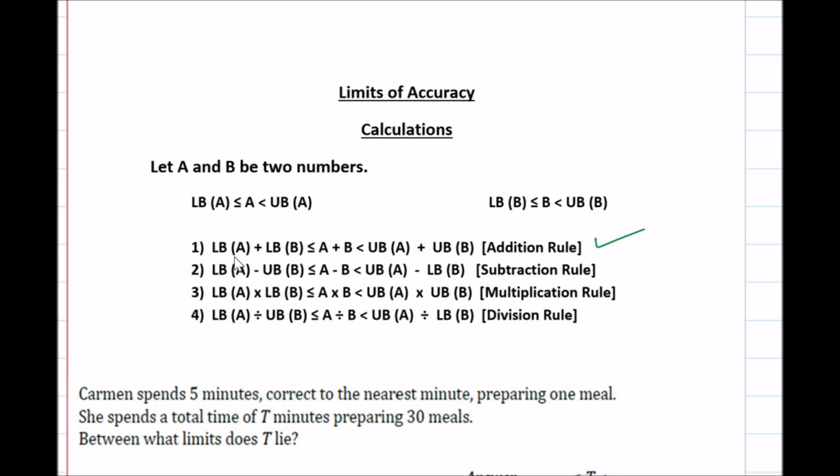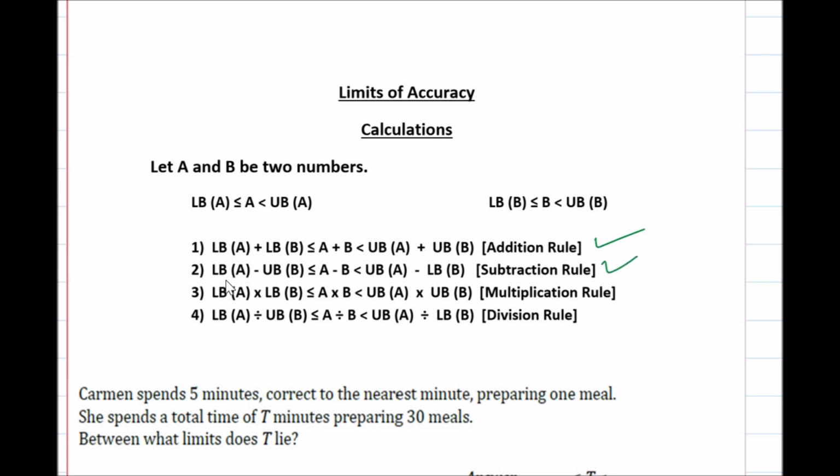In this case, with examples A and B: lower bound of A plus lower bound of B gives us the lower bound of A plus B. And upper bound of A plus upper bound of B gives us the upper bound of A plus B. Now, if you have to find the lower bound and upper bound for subtraction, the difference, see the rule.